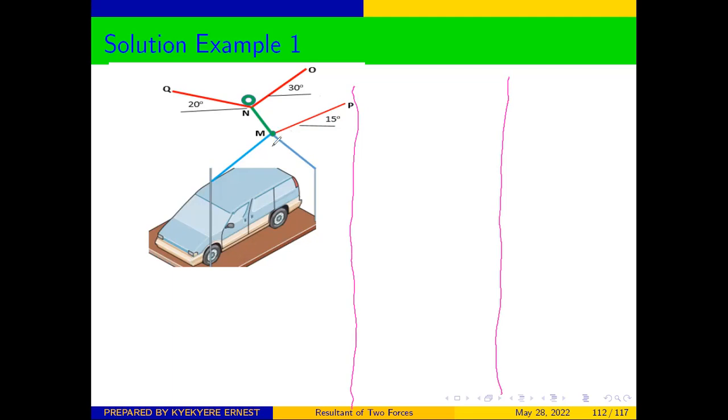Looking at this question, we can easily detach this portion from the other systems. And having detached that portion, let's look at how to draw our free body diagram for the remaining sections.